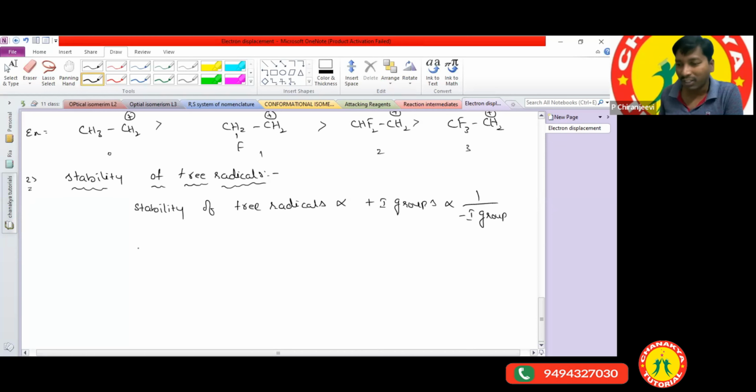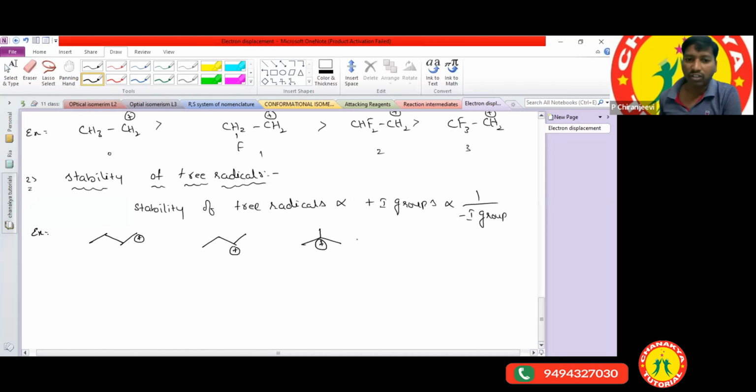Now again, I'm giving some questions here. Let's see who's going to give the answer. First example. Do all of you have any idea about the line structures?